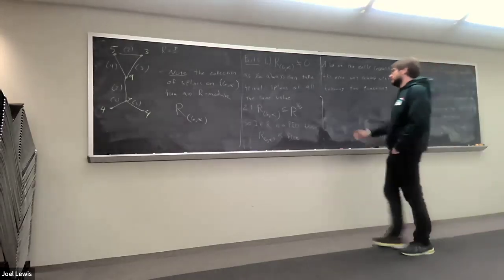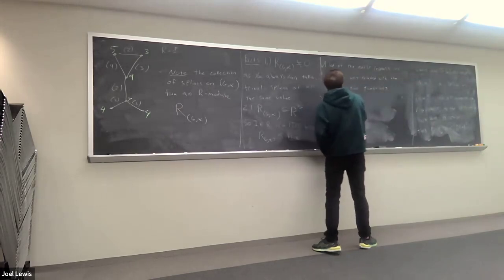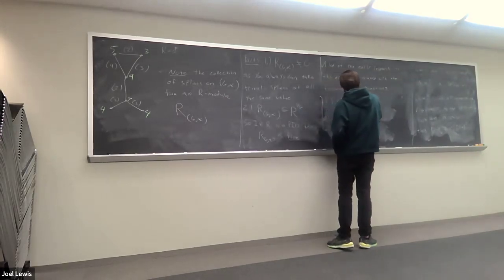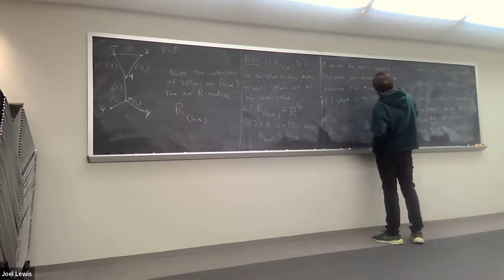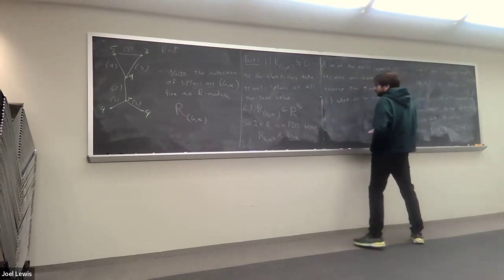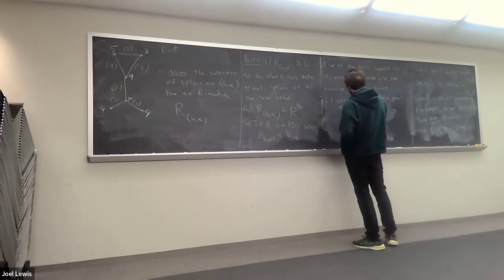Number one is what do the minimum generating sets look like?